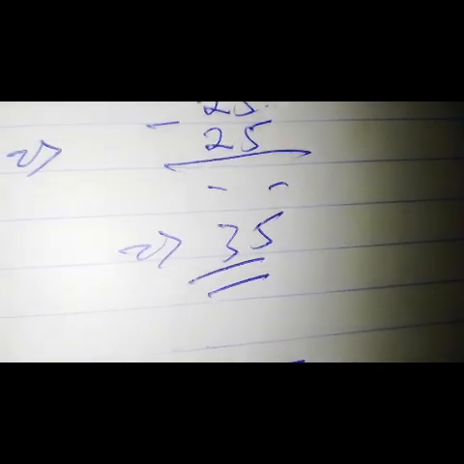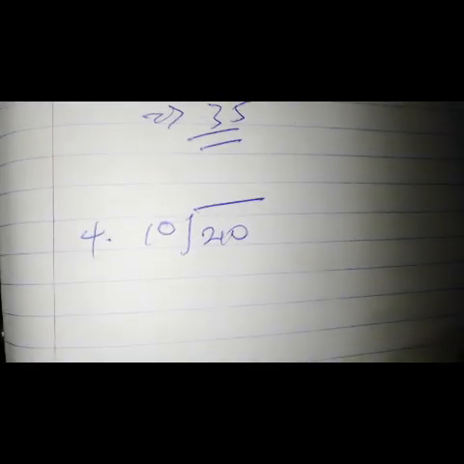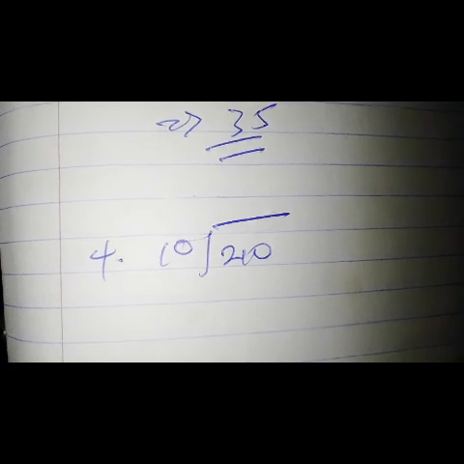So let's go to the next one, and then I'm going to leave the rest up to you to pause the video and then solve it. So number 4, 10 divided by 210. This one is not so difficult. It's so easy.